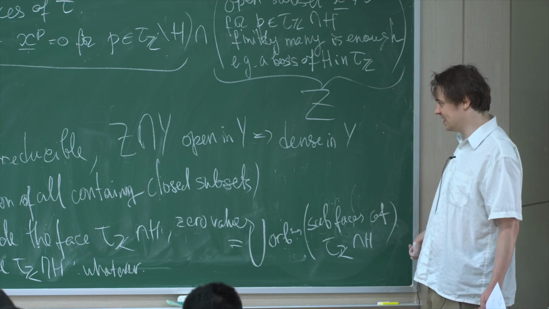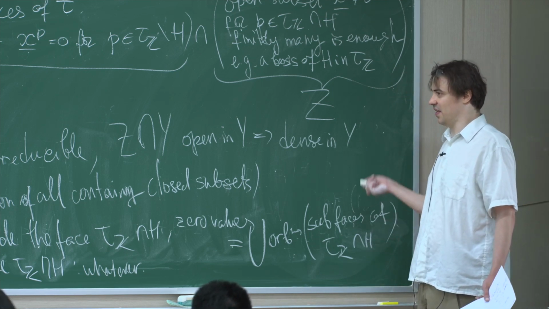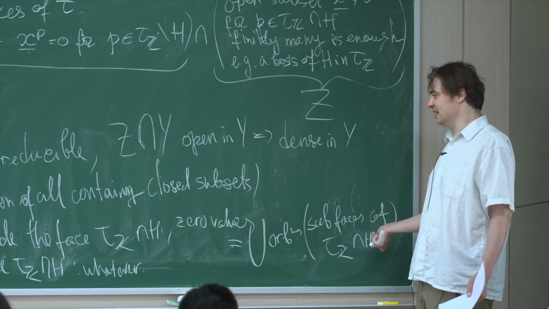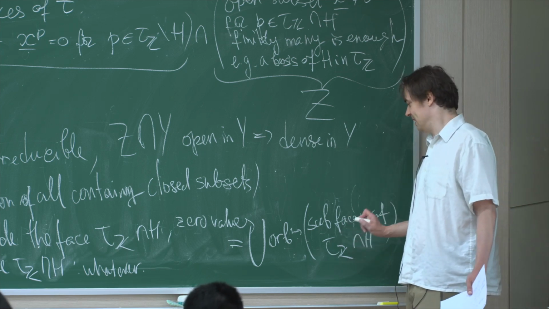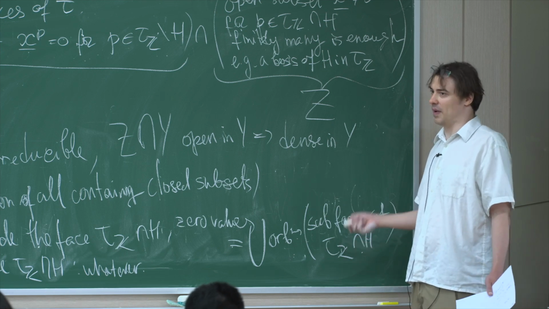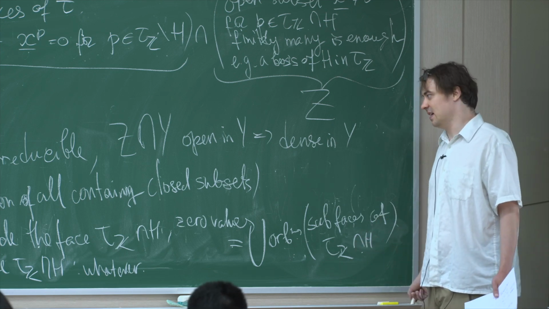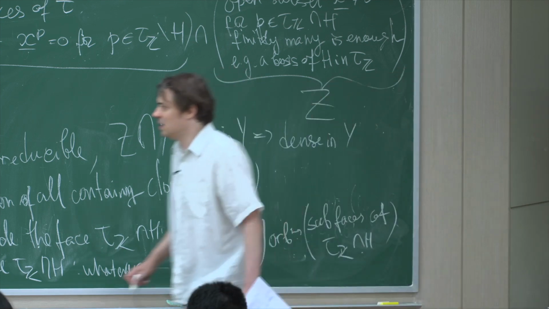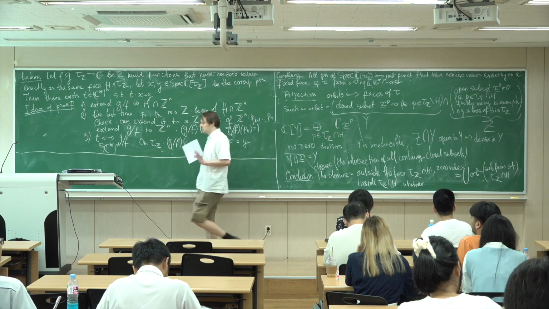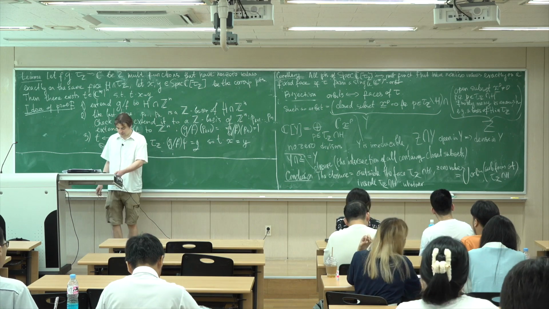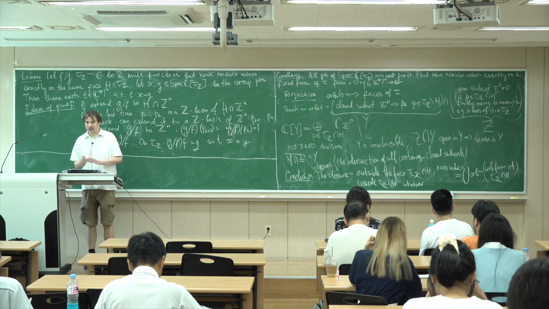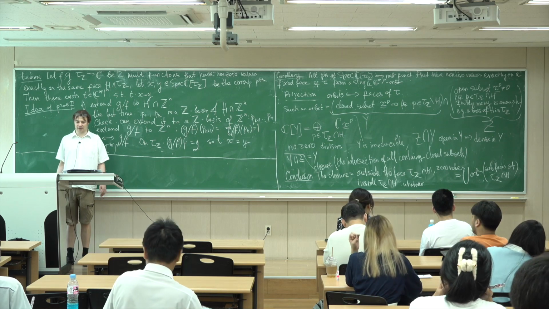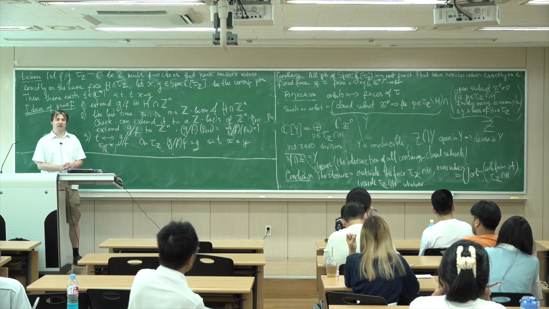Orbits correspond to faces where the multiplicative function has non-zero values, and these faces, maybe it's tau ∩ Z ∩ H, or maybe it's a subset inside there, if here we indeed sometimes have zeros. Any questions so far before we see an example or a few examples?